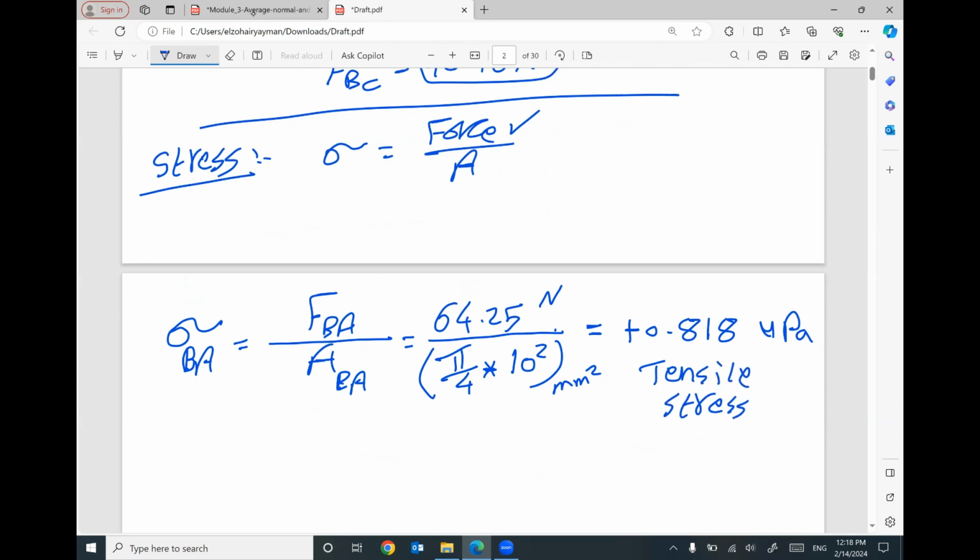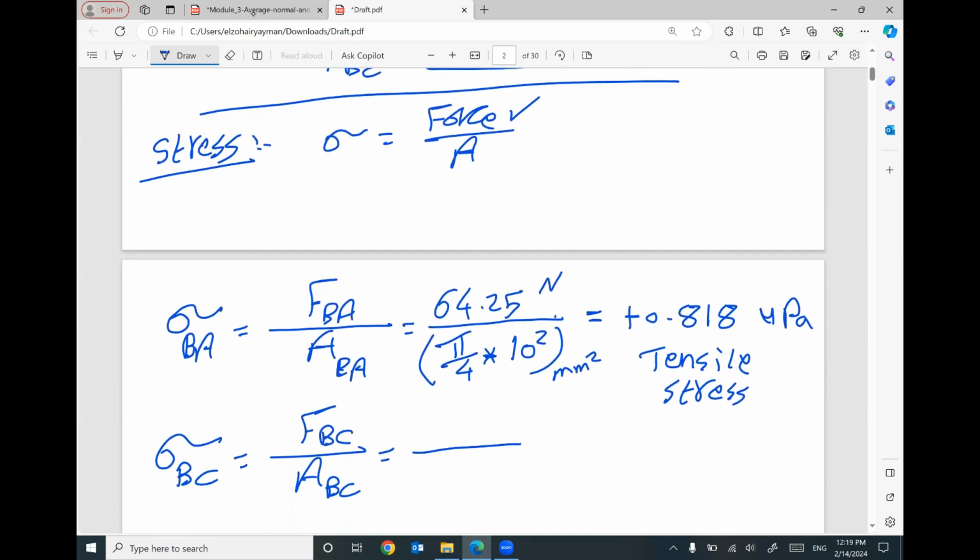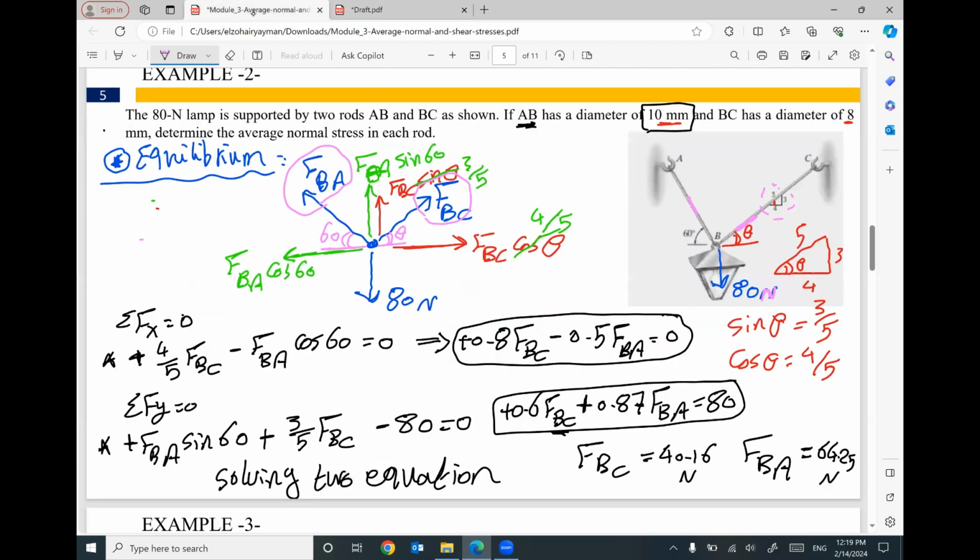If you would like to figure out the stress in member BC, I have to divide the force in member BC by the area of member BC. The force in member BC equals 40.16 Newton. And member BC has a diameter of 8 millimeters.